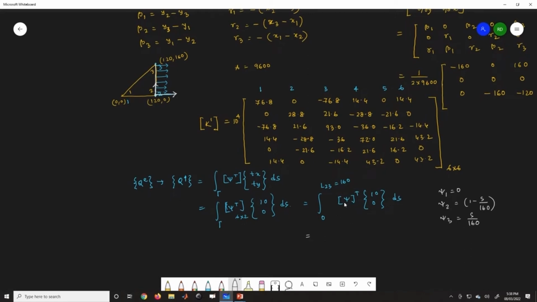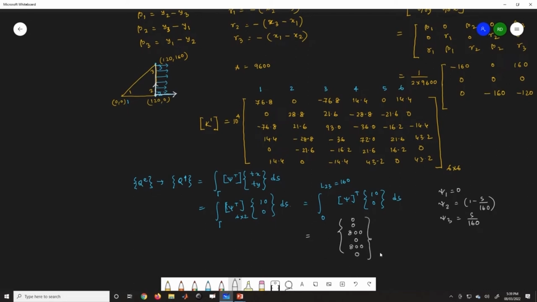Now if I multiply with this and integrate with phi 1, phi 2 and phi 3, the final outcome will look like this: 0, 0, 800, 0, 800, 0.